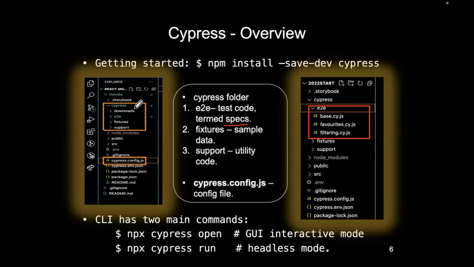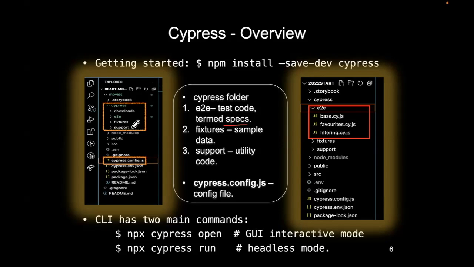The other folders, which we really won't be interested in: there's a fixtures folder, where you could put test data if that was relevant. There's a supports folder, which is where you can write utility functions that would be used by your test specs.